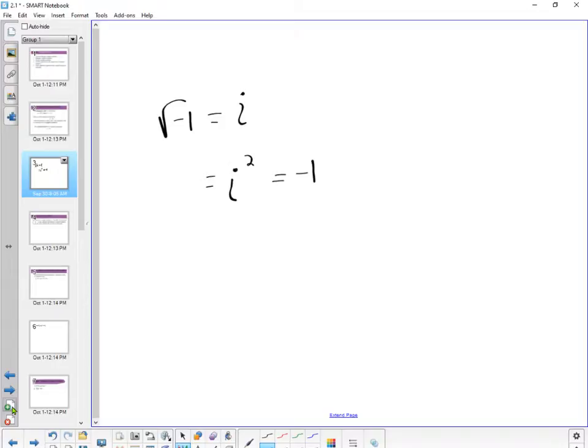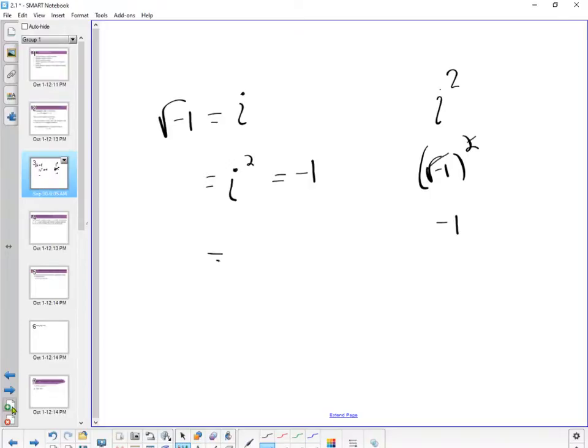Reason being, if I have i squared and I can substitute that value of what it is, we know that squaring and square rooting are opposites of each other, so they undo each other. And if you want to call it cancel out in your head, make sure you put in air quotes, okay? Because they are undoing each other, therefore we end up with that negative 1, right?